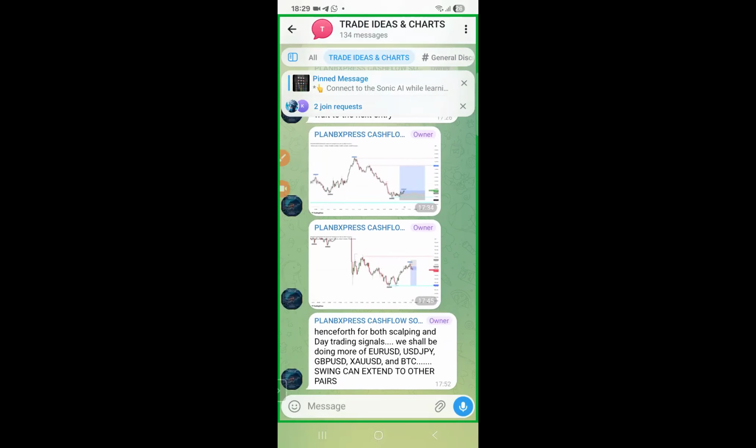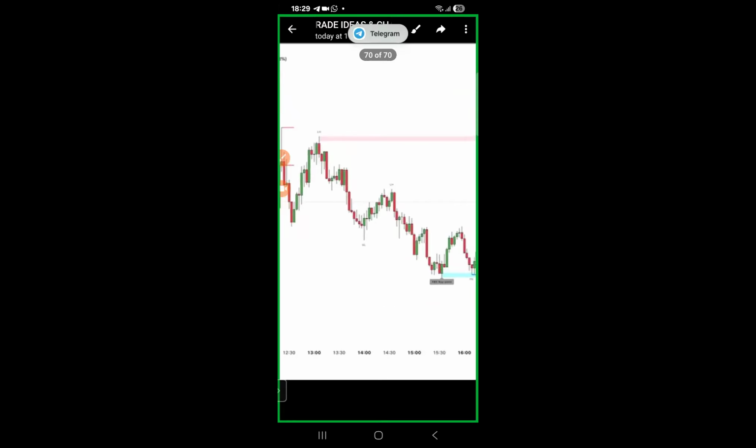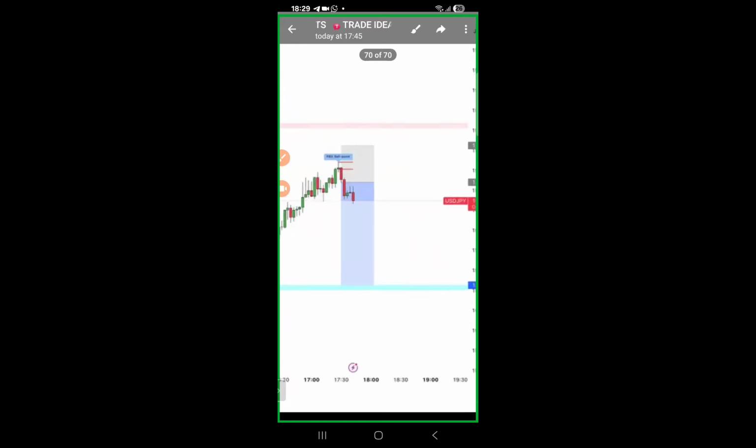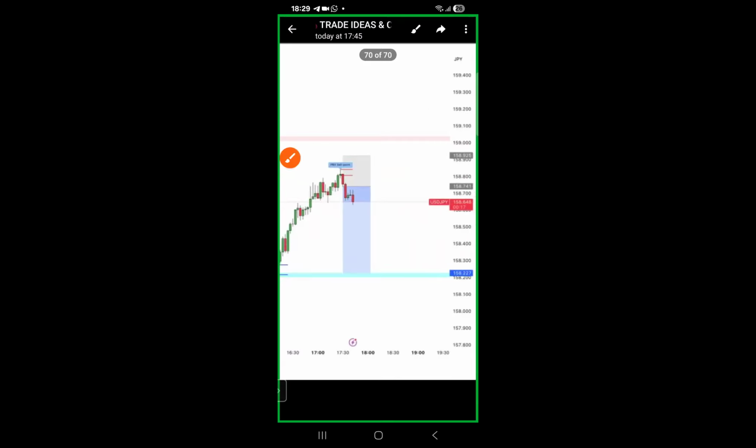So let's look at the signal, for instance. You can just expand it to see the entry point. If you expand it, you see this black place, that's the entry price. This black place is the stop loss. Now, the market shows this going down, right?